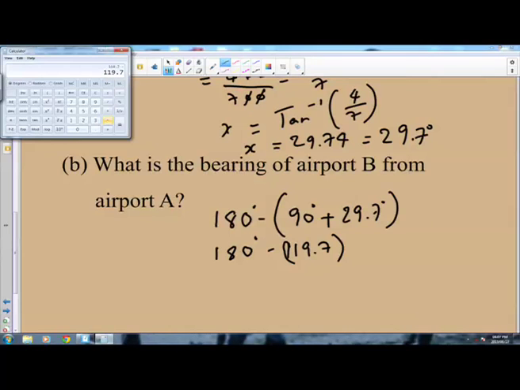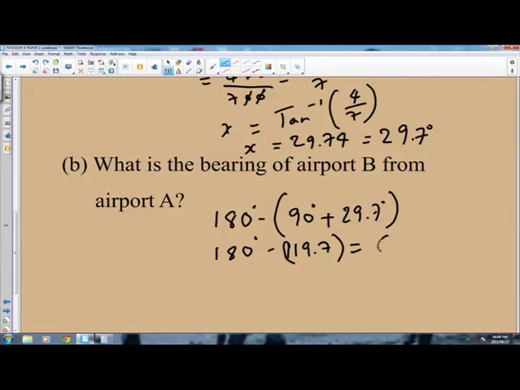So subtract from 180. It's 180 minus 119.7. The answer is 60.3 degrees. And then what is the 60.3?